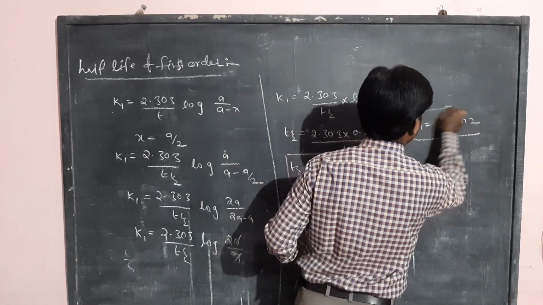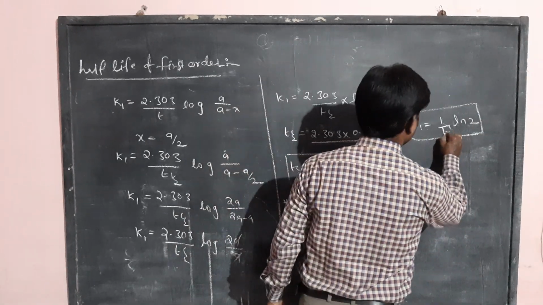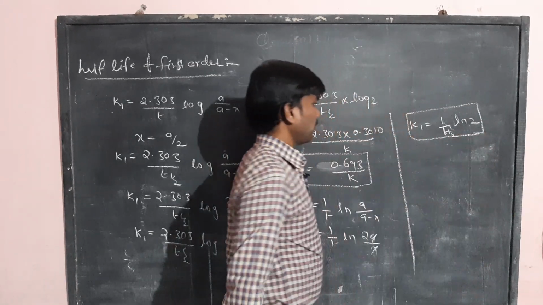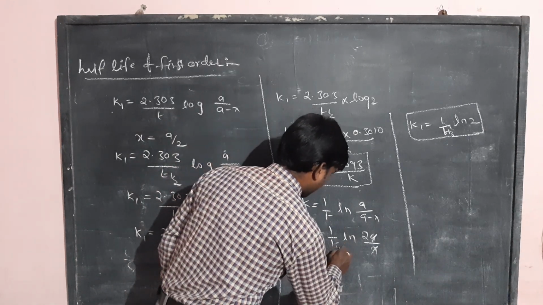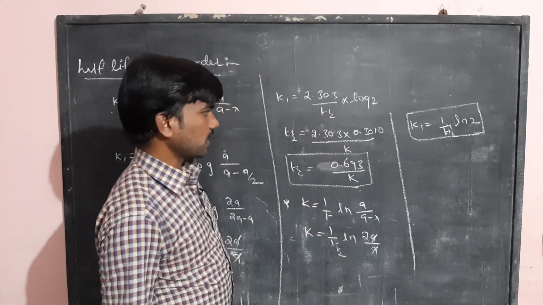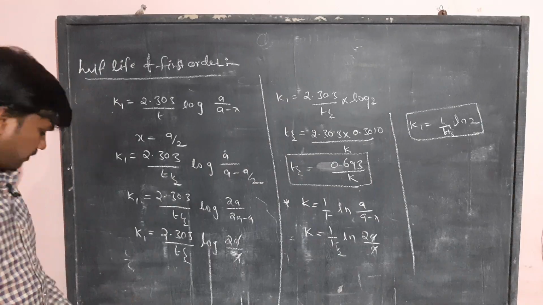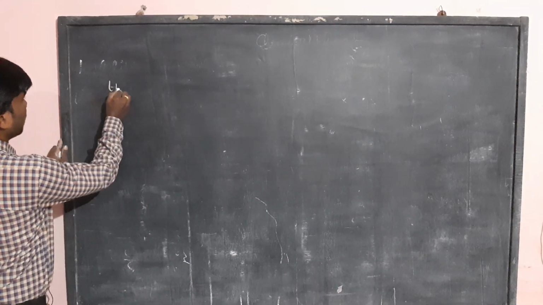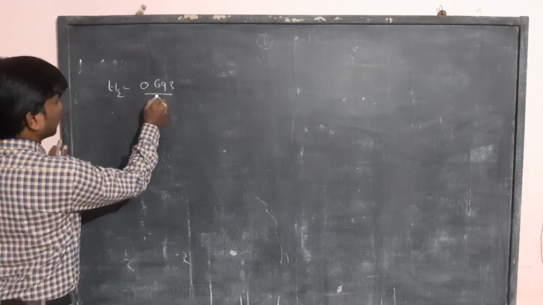When you are taking the ln equation, t is equal to t half, because we are calculating half-life time here. When we substitute a by 2 instead of x, only then do we take t half. So this is the case for ln, and this is the case for the log equation. So half-life of a first order reaction, t half is equal to 0.693 by k.